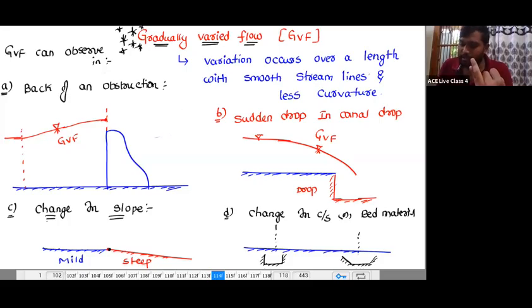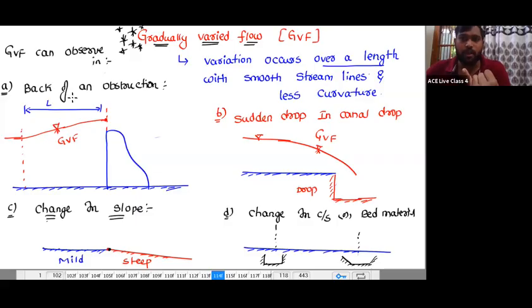Now, question number 3: is it a GVF or not? GVF means happening over a length. So what is the length up to which the variation is going to happen? Question number 3. So how many objectives are we going to solve? Three. Number 1, slope dy by dx.